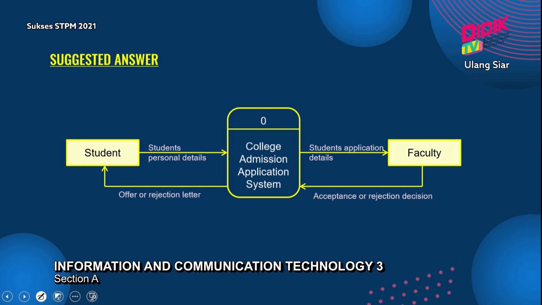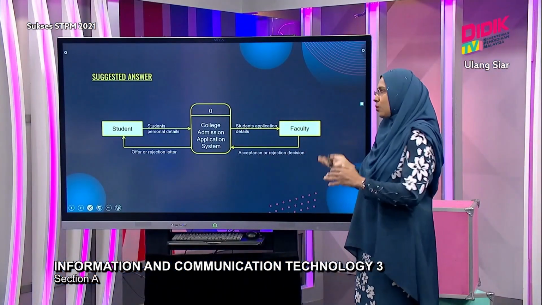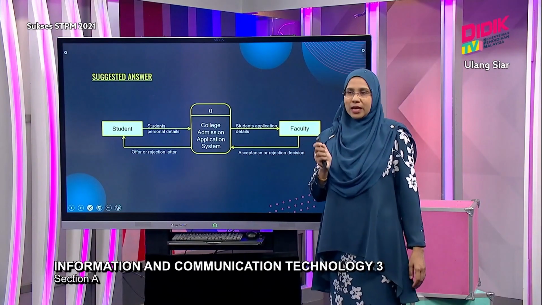The student sends personal details to the system, then the system processes and sends the application details to the faculty. The faculty does the selection and sends back to the system, and then the system produces a letter and sends it to the student. This is how we draw a context diagram.